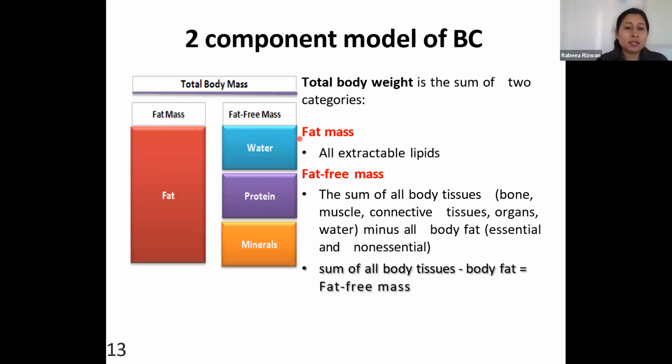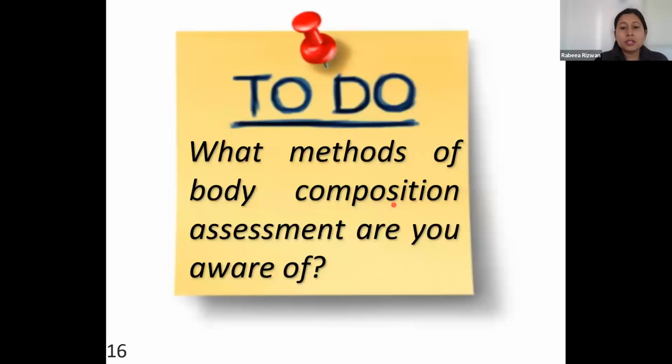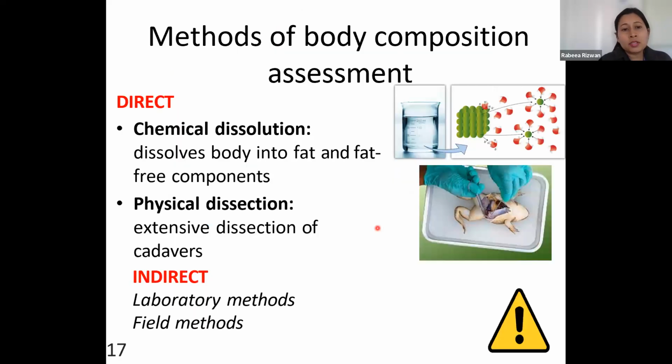Proteins make up our hair, nails, and muscles; minerals are like bone; and water is in blood. This is an example. Okay, so let's go to the assessment methods, how body composition can be assessed.